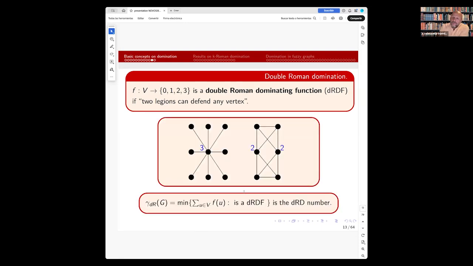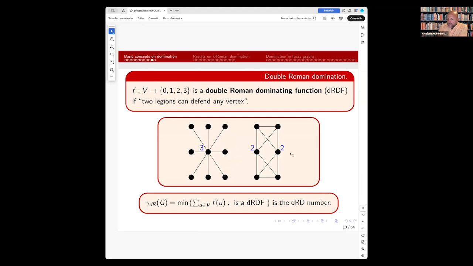Here you have 2 examples of double Roman dominating function. In the graph on the left side, you only have a vertex with label 3, and the remaining vertices have label 0, but it is possible to send 2 units from the central vertex to any other vertex in the graph, so you can defend any undefended place.